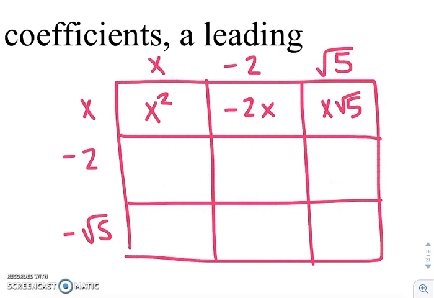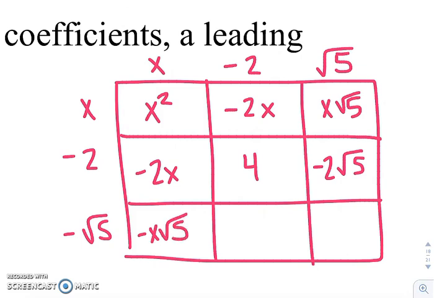And then keep going, x times negative 2, negative 2 times negative 2 is 4, negative 2 times square root 5 is negative 2 square root 5. So don't make that 10. They're not like terms. We don't want to multiply them together. And then x times negative square root 5, negative x square root 5. Negative 2 times negative is positive 2 square root 5.